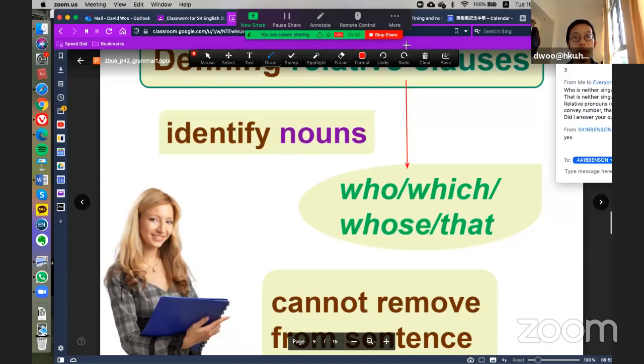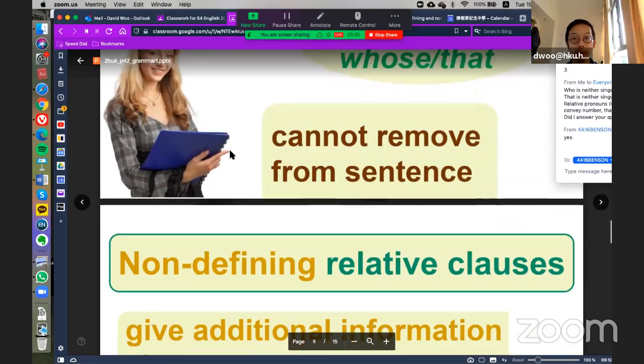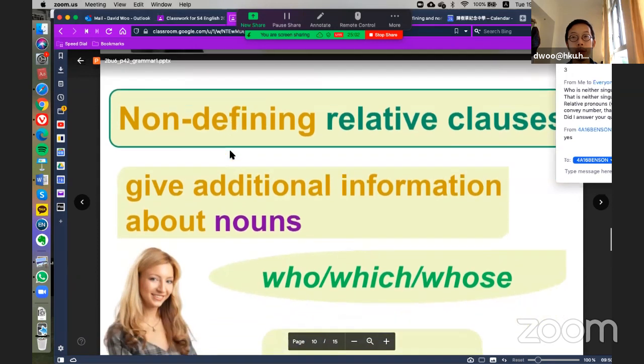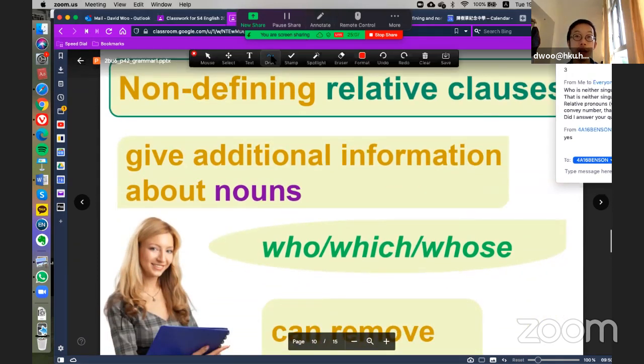Great. And they provide essential information, defining information. Non-defining relative clauses, which means non-essential, provide additional, unnecessary information.